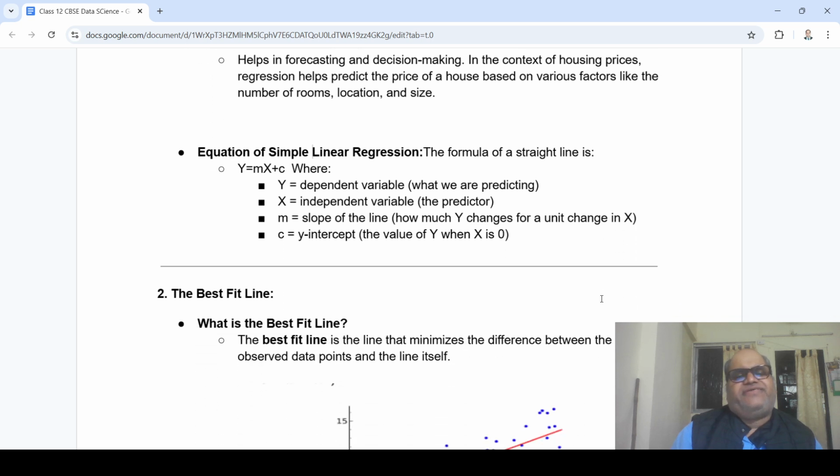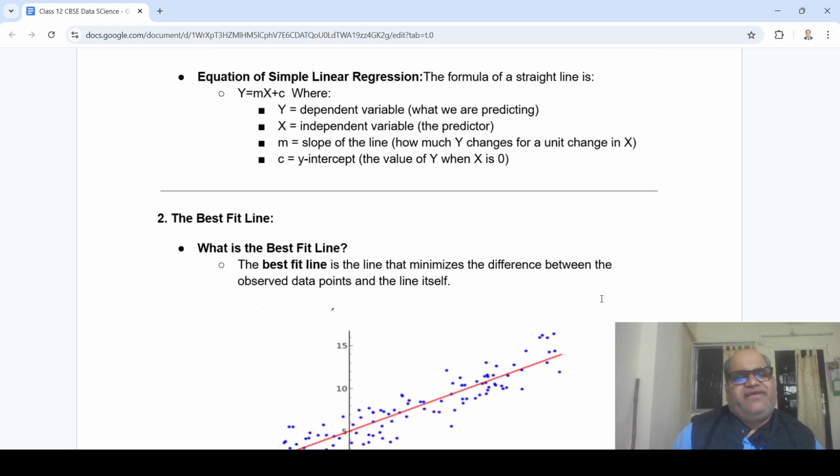We talked about the equation of this line, which is y is equal to mx plus c. M here is the slope of the line, and this tells how much a unit change in your independent variable changes your dependent variable, right? And c, as we just saw in the case of number of hours versus marks got, captures that even if you don't study, you might get some marks.